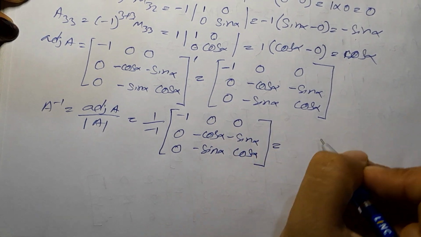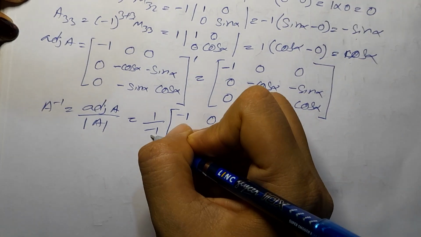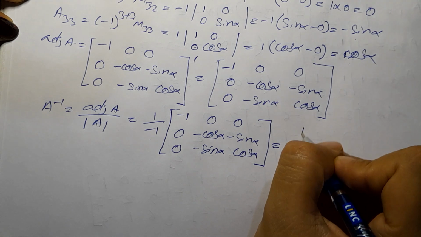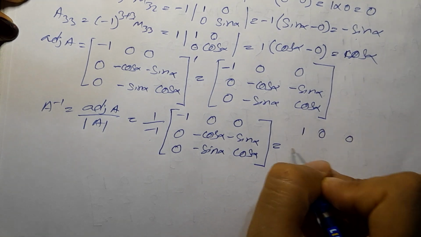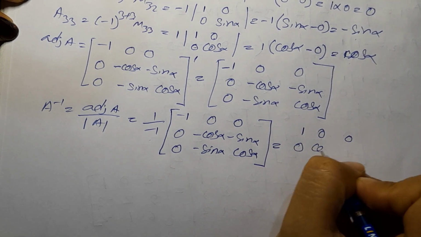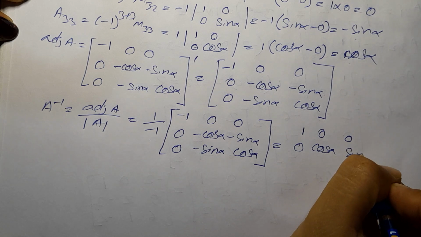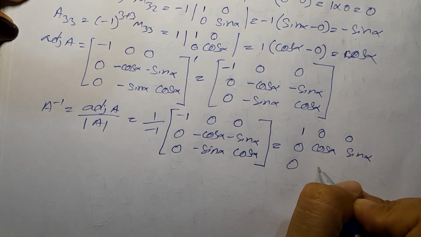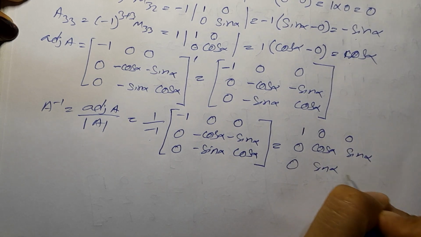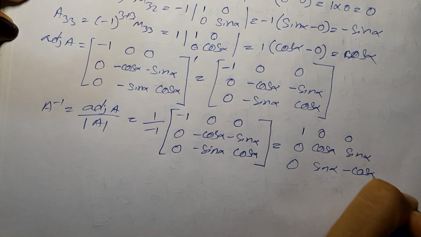So the minus is taken inside, and it becomes positive: 1 0 0, 0 cos alpha sin alpha, 0 sin alpha minus cos alpha.